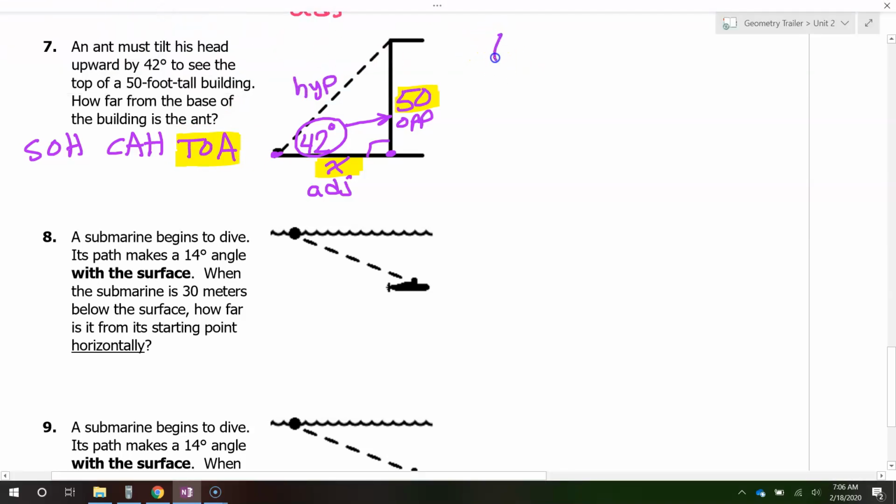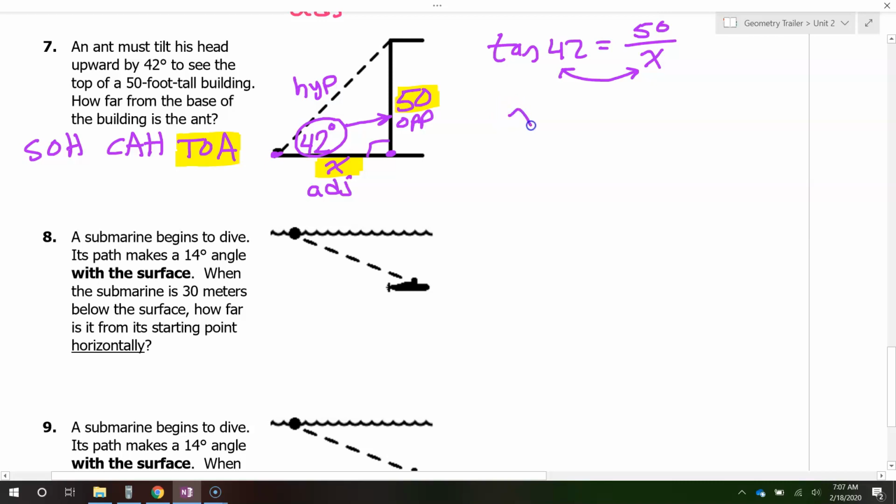So I will write tangent of the angle I circled is equal to opposite over adjacent. So that's going to be 50 over x. To solve this, will I multiply, swap, or inverse? When the variable is in the denominator, that is when you swap.